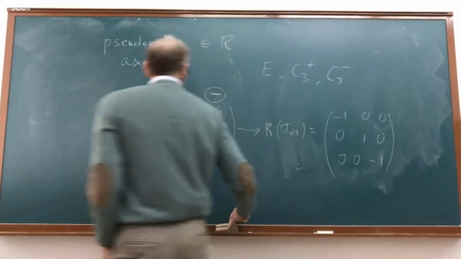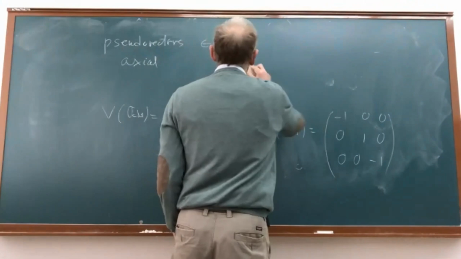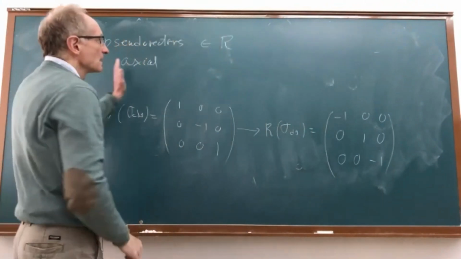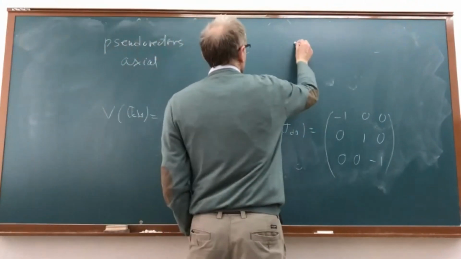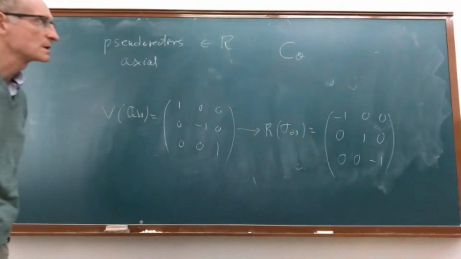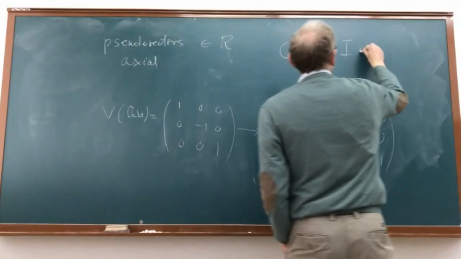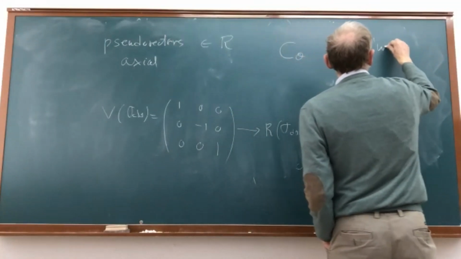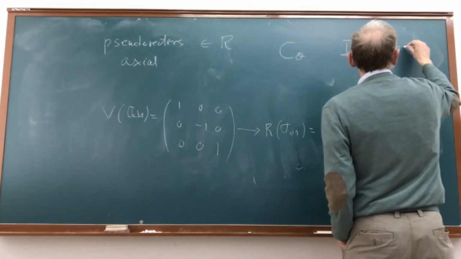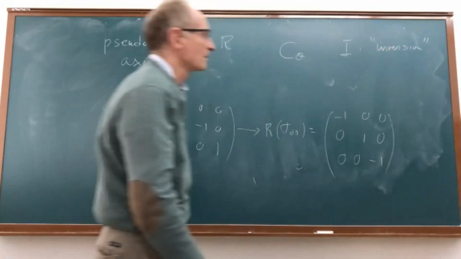Well, the reason this works is just the following. By definition, proper operations are always rotations. These are proper operations. Then I have the inversion, spatial inversion, which is improper.